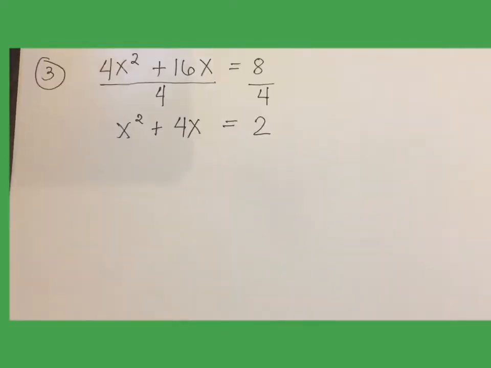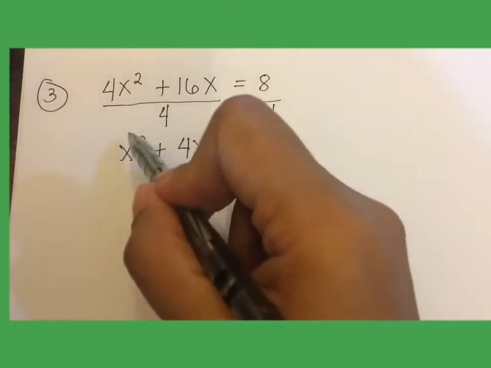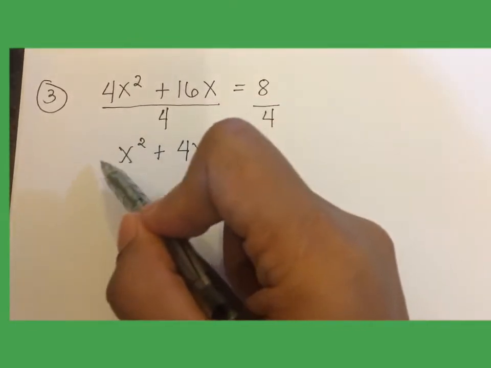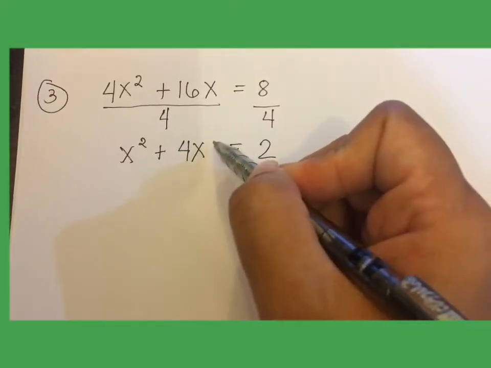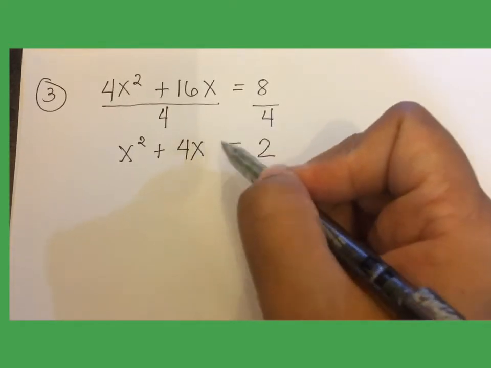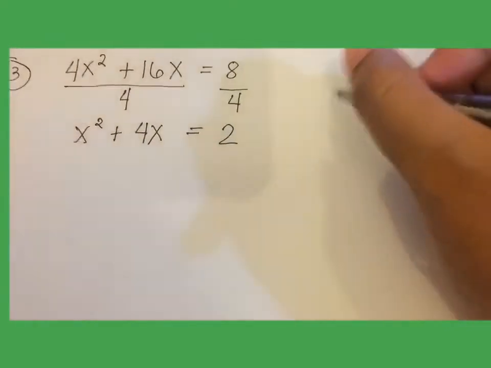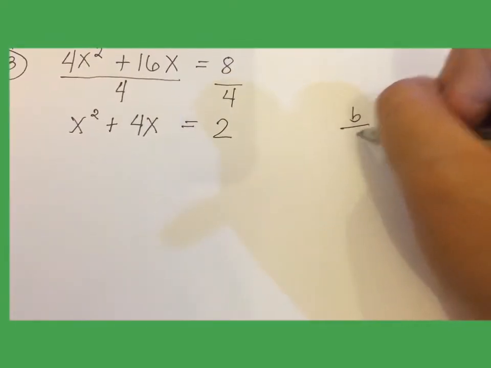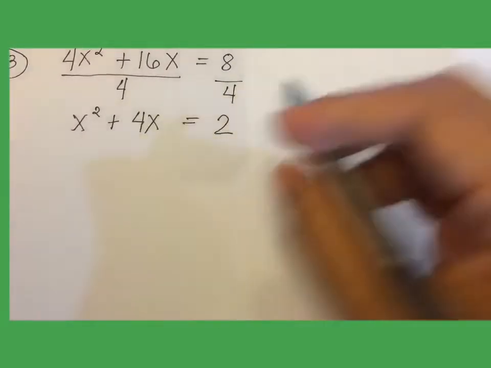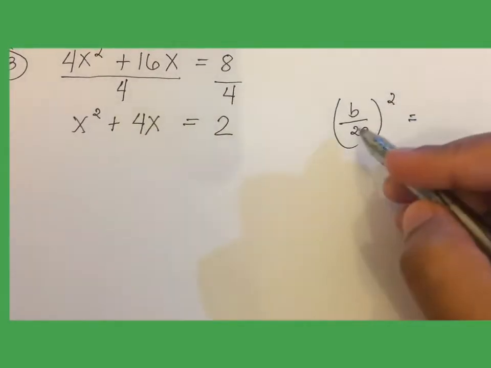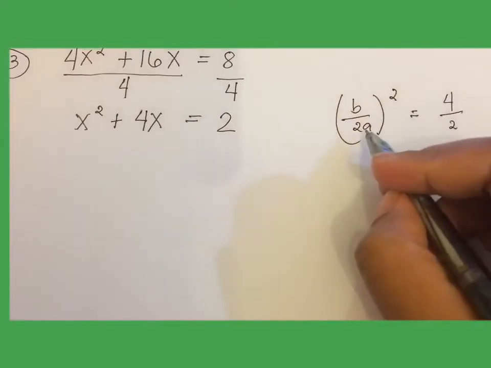Now this time, we're going to add the third term here to make this expression a perfect square trinomial. So what are you going to add here to make this a perfect square trinomial? Again, we need to use the formula, which is b over 2a squared, to get the last term or the third term. So what is our b? This is 4. 4 over 2 times what is our a here?